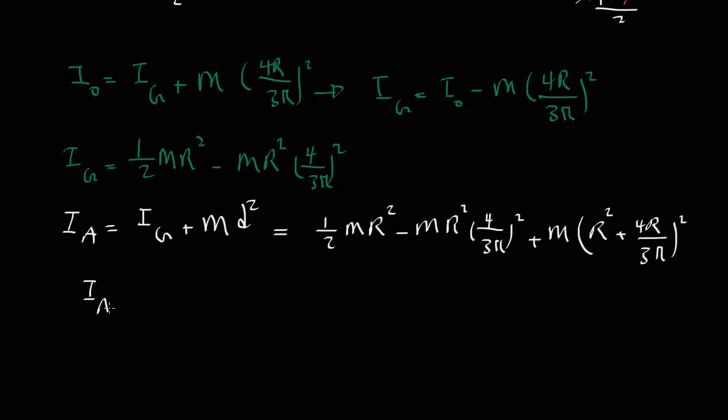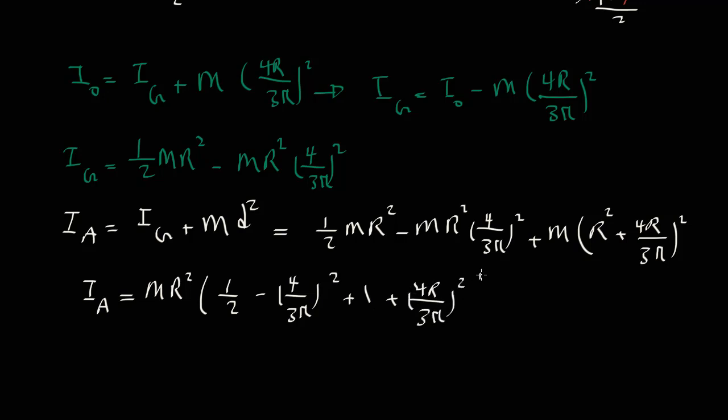Therefore IA is equal to m r squared, here we have 1 over 2, here we have minus 4 over 3 pi squared, here we have 1, and again we have 4r over 3 pi squared.